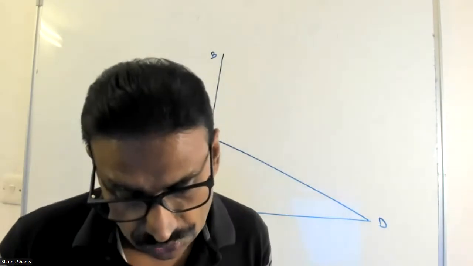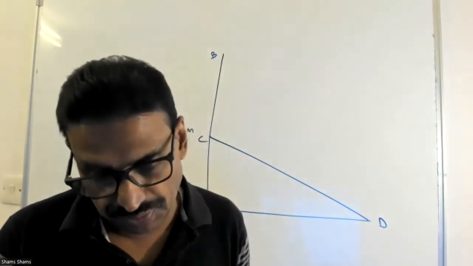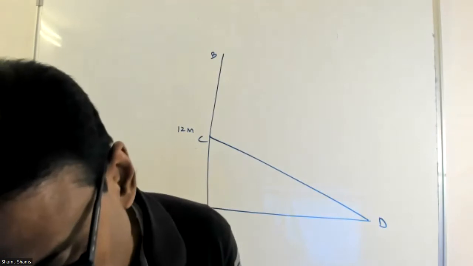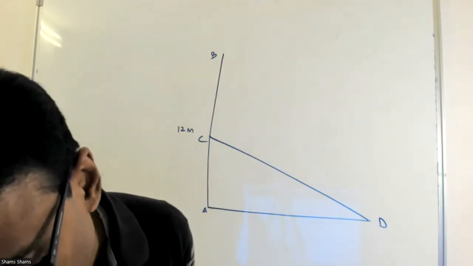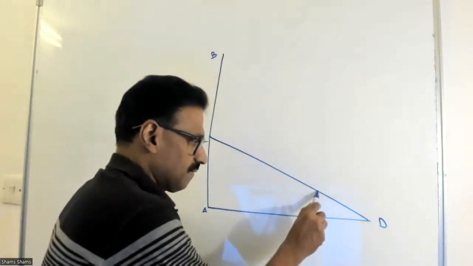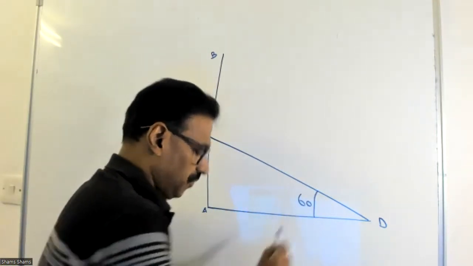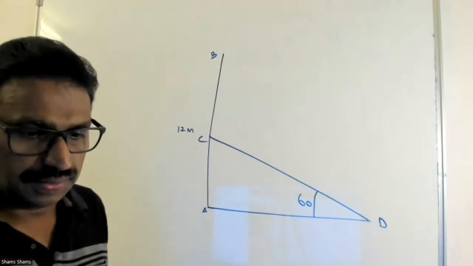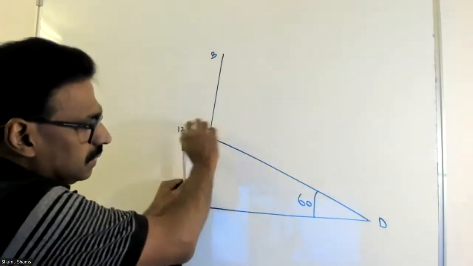Okay, question. A tree 12-meter height is broken by the wind in such a way that its top touches the ground at an angle of 60 degrees. This angle is 60 degrees. Before, tree like this, tree coming to here.